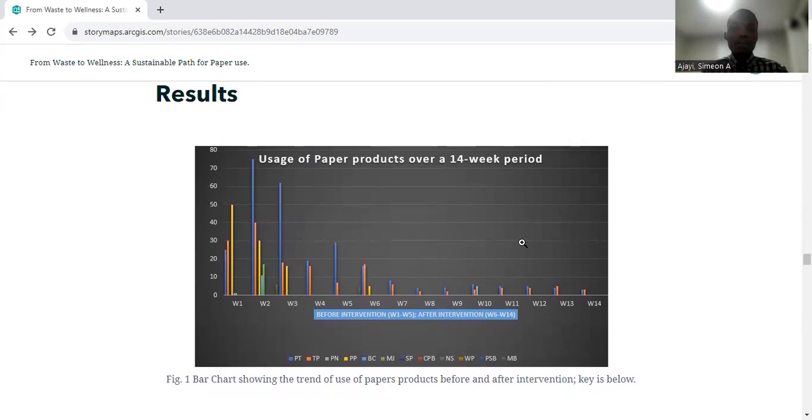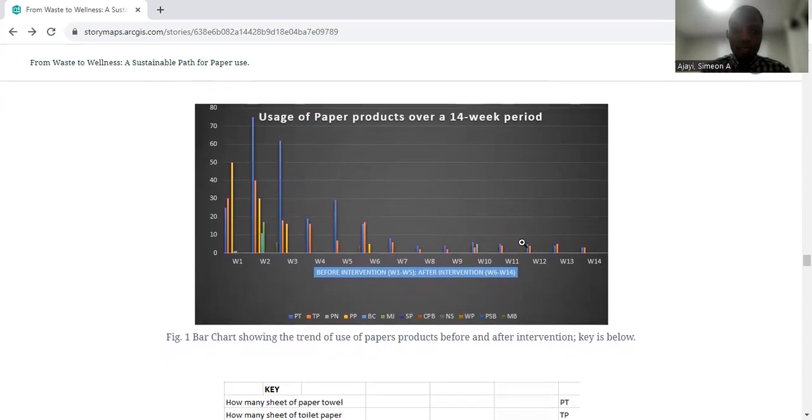The first bar chart is figure 1, showing the trend of use of paper products before and after intervention. It gives an overview of my usage of paper products for the 14-week period.